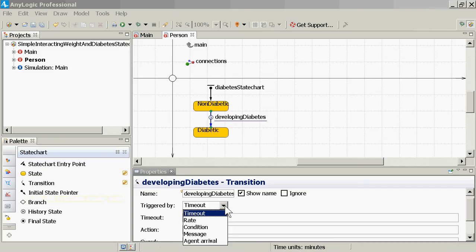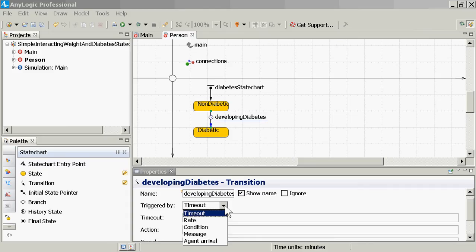This is very handy if you want them to transition after precisely some time, or if you want a custom residence time in this state. In other words, you want the time they spend in the state to be drawn from an arbitrary distribution. You can set the timeout to be drawn from a distribution, and then they'll leave after the specified time drawn from that distribution.